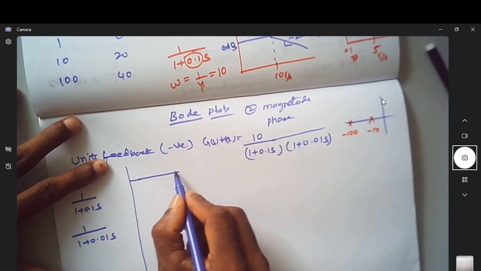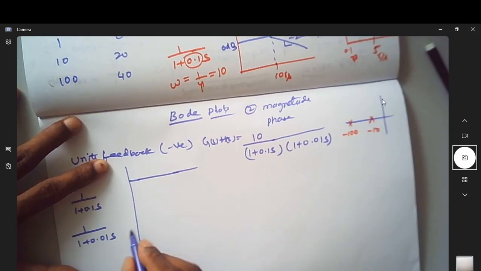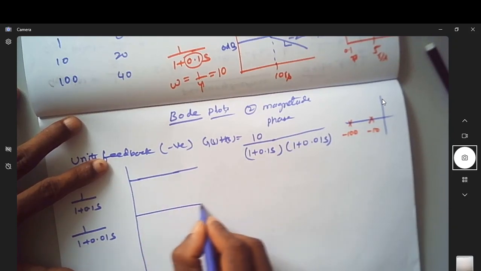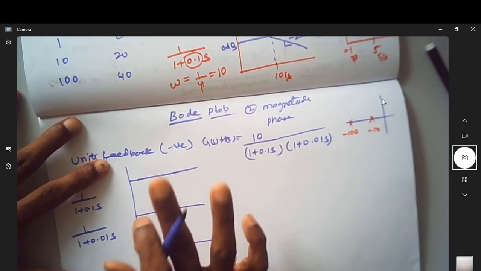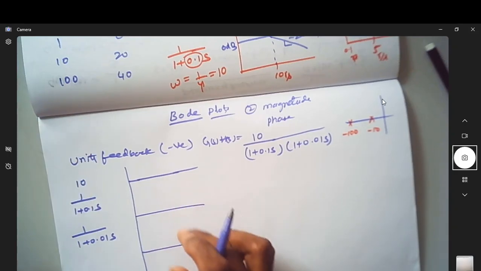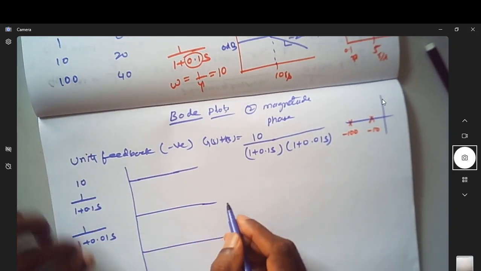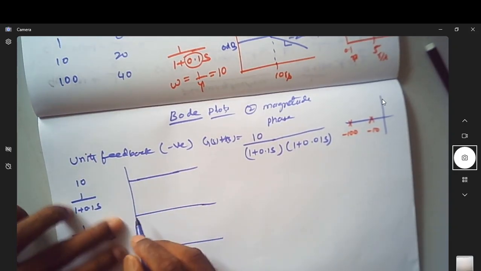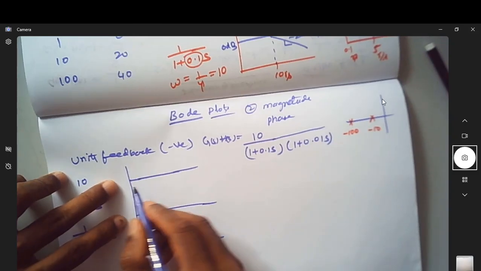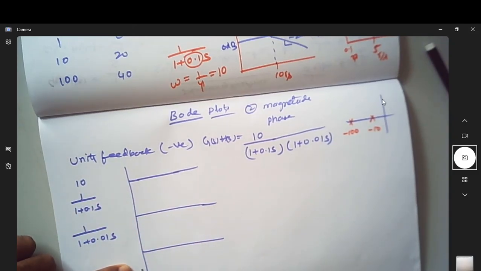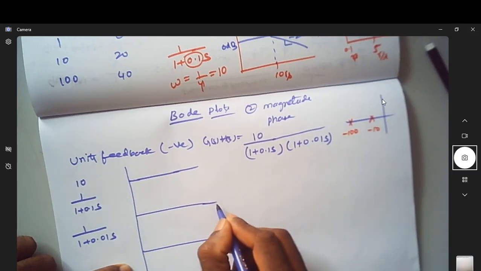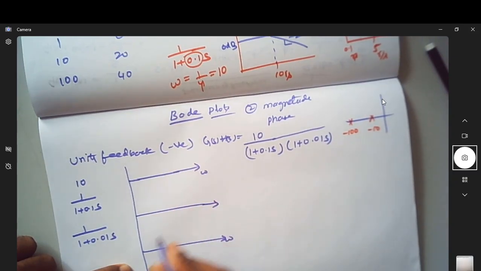Assume that this is the 0 dB line, or this is just a reference. Let me write some reference here. Don't think this is 0 dB; this is some reference line. Let us assume the frequency omega is 0.1 radian per second.